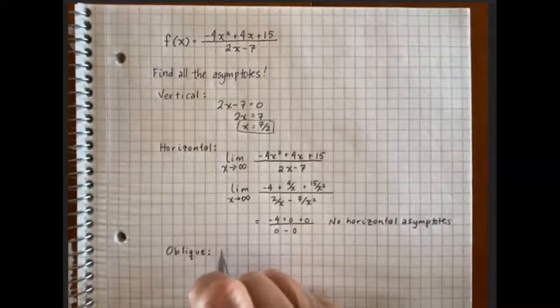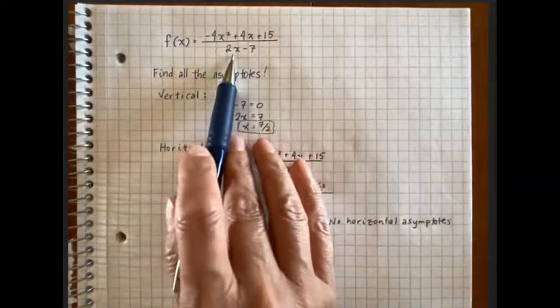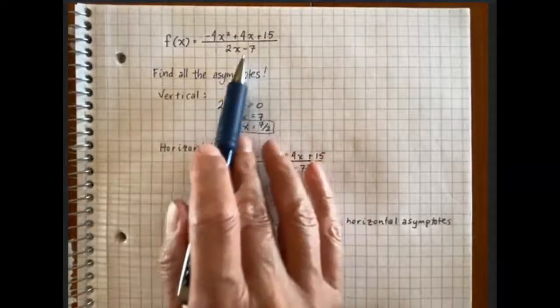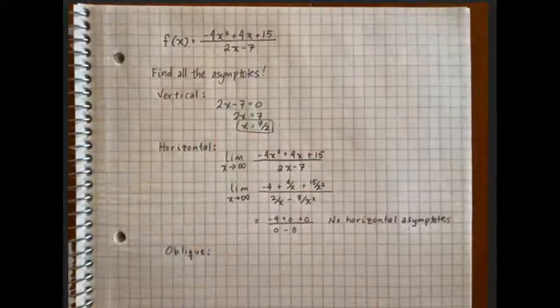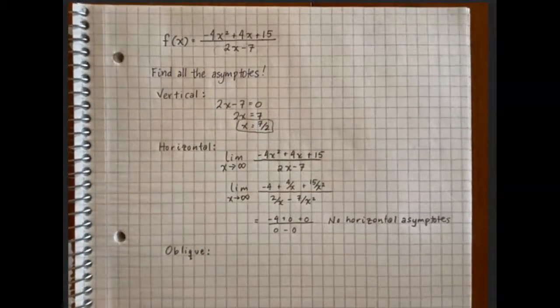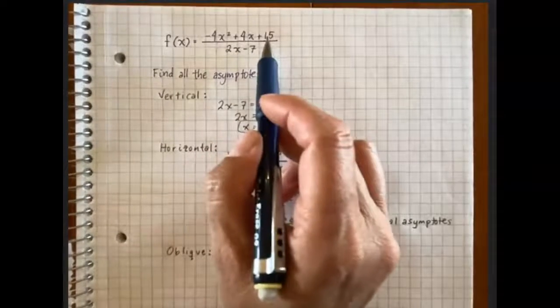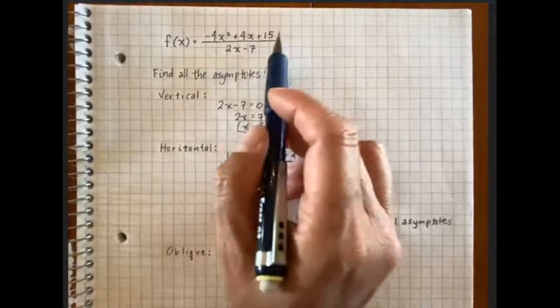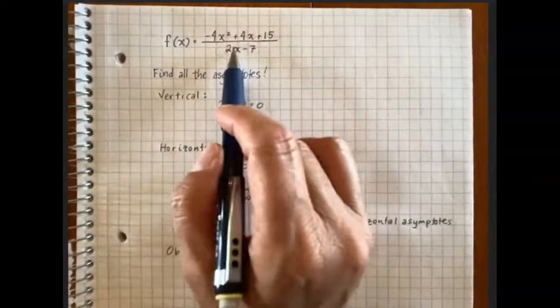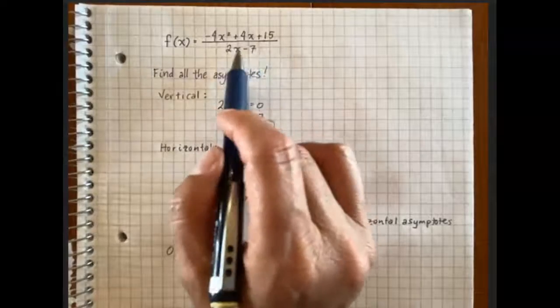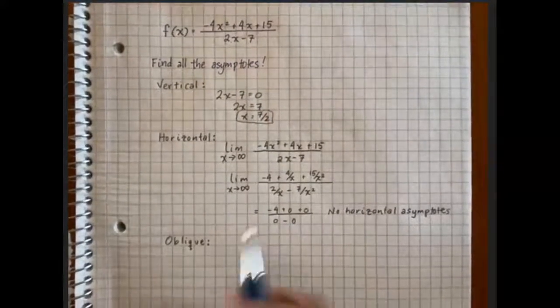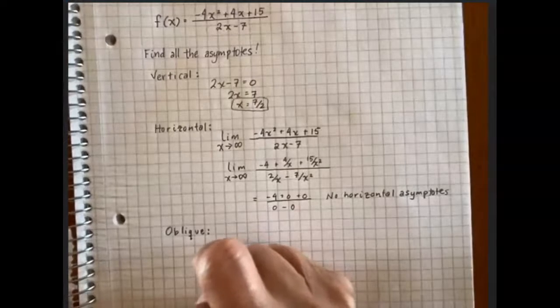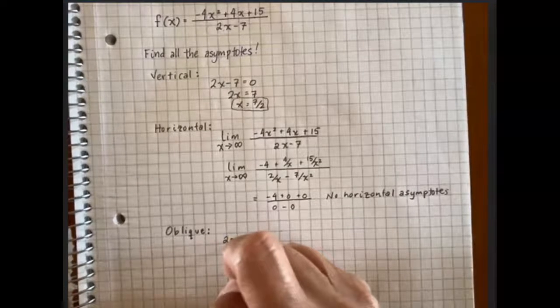And the way you find it is you divide this numerator by the denominator. When you have a monomial in the denominator, it's super easy. You can just write it as the sum of 3 terms, in this case, if this were a monomial. But because we have a trinomial divided by a binomial, we have to use division, which I'm sure was your favorite part of math.